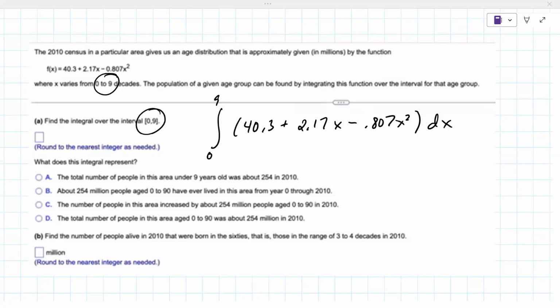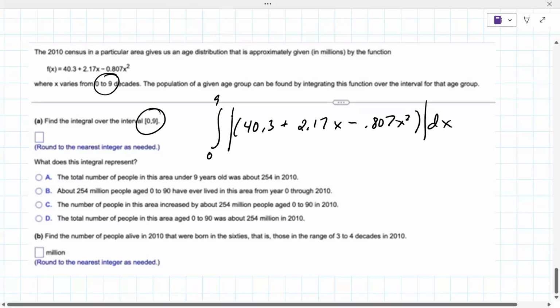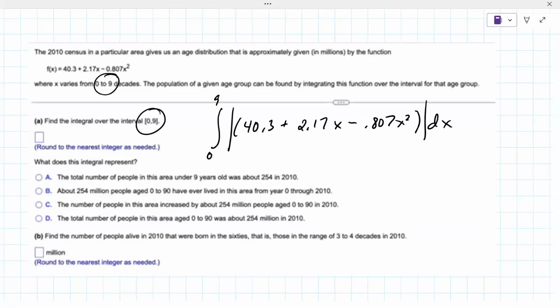Maybe double check that you've entered it correctly. Actually, you do have to integrate using the absolute value. Wow, I was wrong. I didn't expect that, but when I integrated, it gave me a negative number. Let me check that I have the right things in there. Yeah, so you actually do need to use absolute value on this. Re-enter it.